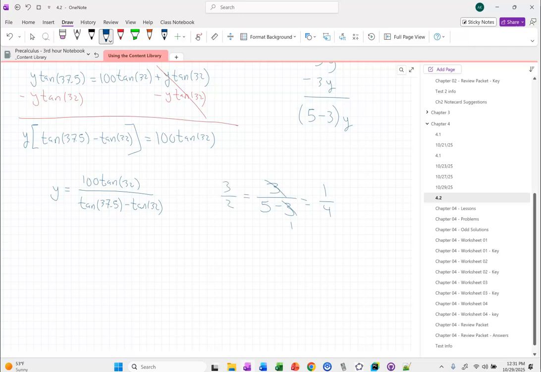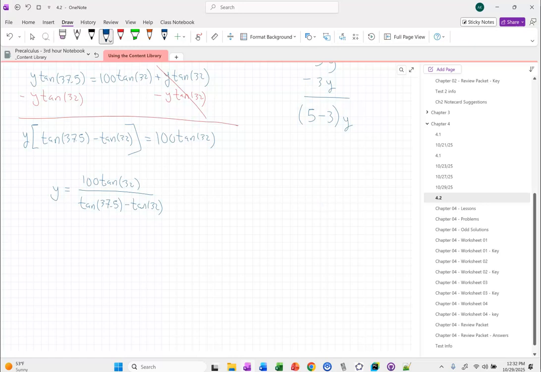Shouldn't that be 3 over 2? As soon as you put real numbers in there and try it with actual numbers, you're like, oh yeah, I wouldn't do that. Same idea here.